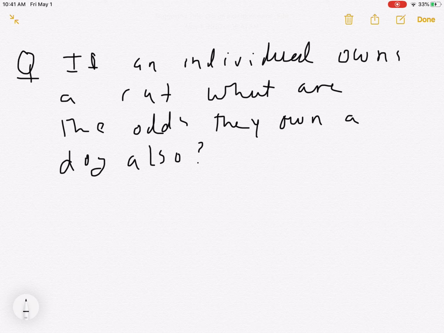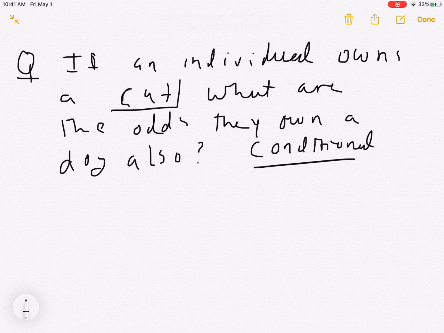So this is called a conditional. And we've conditioned on them having a cat.